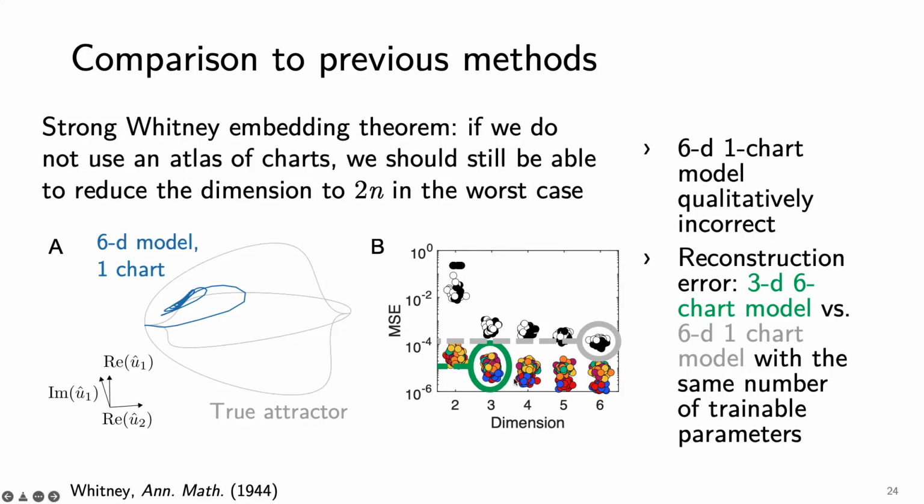And these two sets of points, the ones circled in green and gray, have the same number of trainable parameters for all of the neural networks. And the points in gray have a dimension that's twice the points in green, sort of corresponding to what Whitney's theorem is giving us. But nevertheless, you can see that when we break things up into patches, we get an order of magnitude better reconstruction than when we don't break things up into patches.